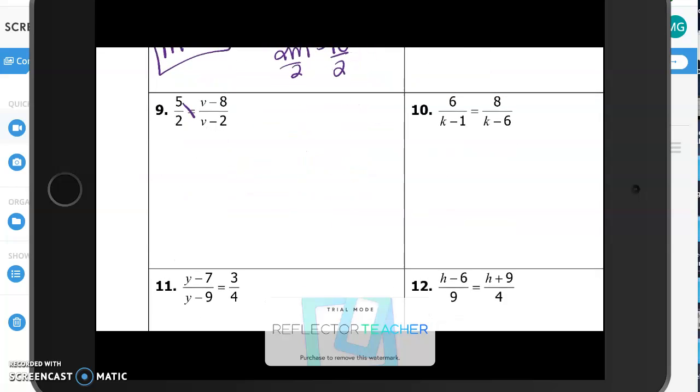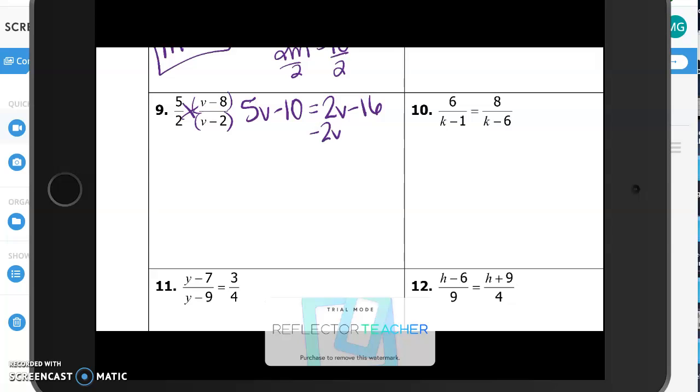Number 9, 5 times (v minus 2). Okay, again, you have to distribute the 5 to both of those. Equals 2 times (v minus 8), which is 2v minus 16. So this one I'm going to show you the shortest, the least amount of work you would have to do. That right there shows that you are distributing the 5 to the v minus 2 and the 2 to the v minus 8.